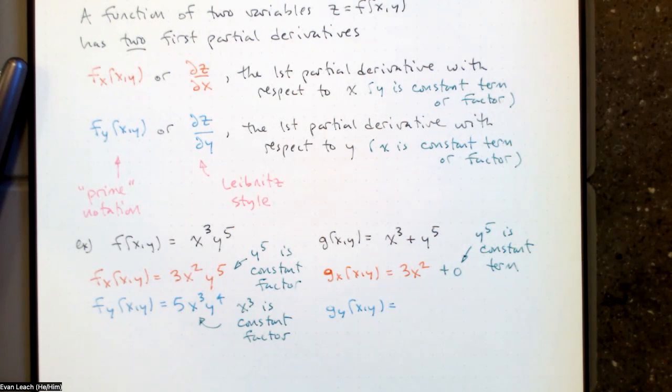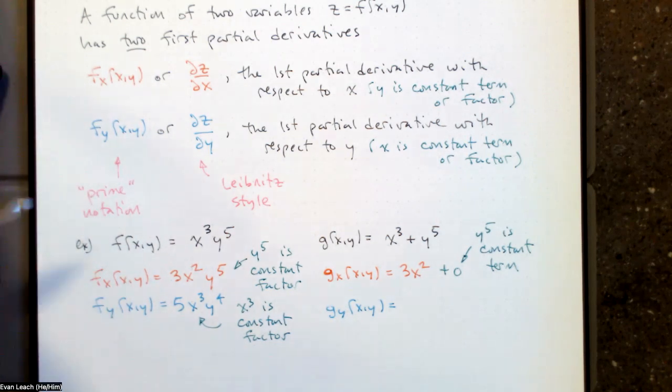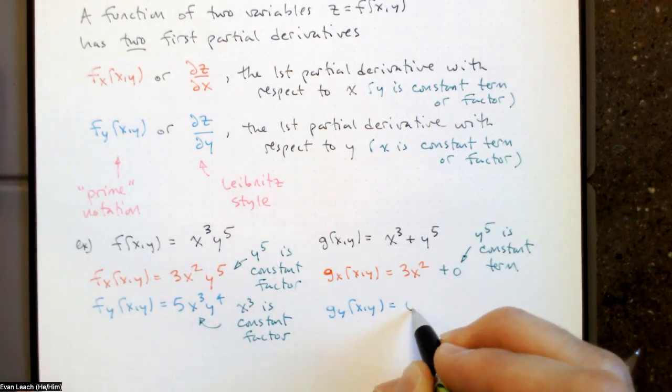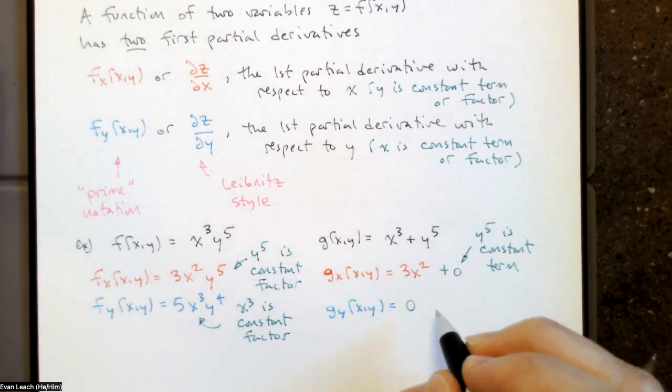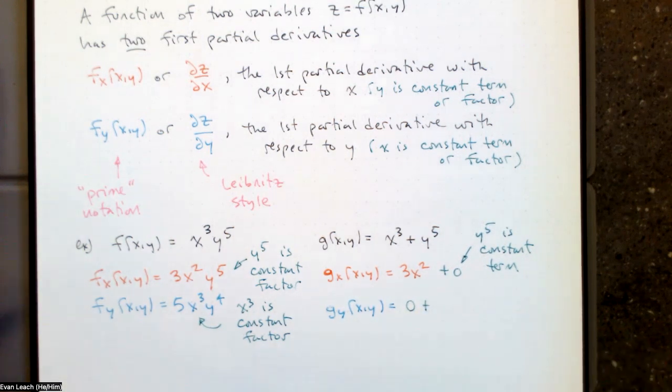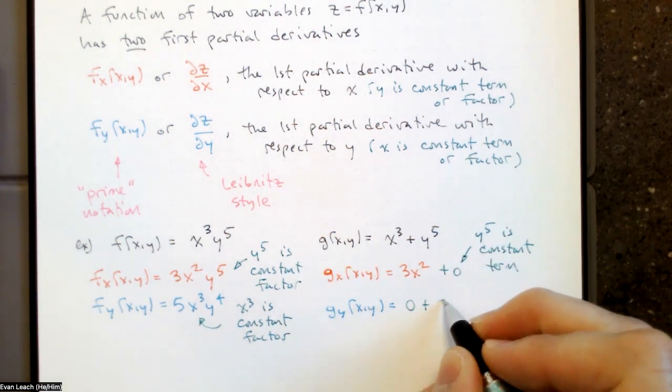Then the similar thing happens to x cubed plus y to the fifth. We take the derivative with respect to y. The derivative of x cubed is 0 because x cubed is a constant term. We wouldn't write this. And we just take the derivative with respect to y, which is 5y to the fourth.